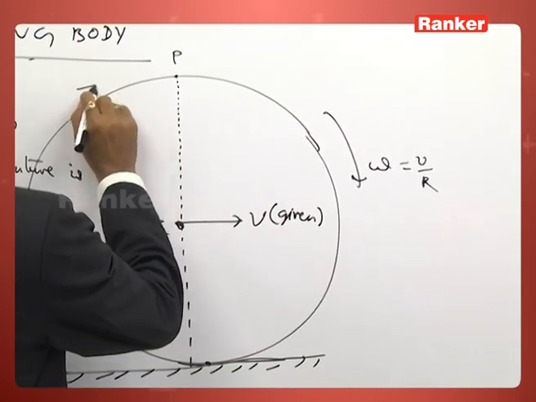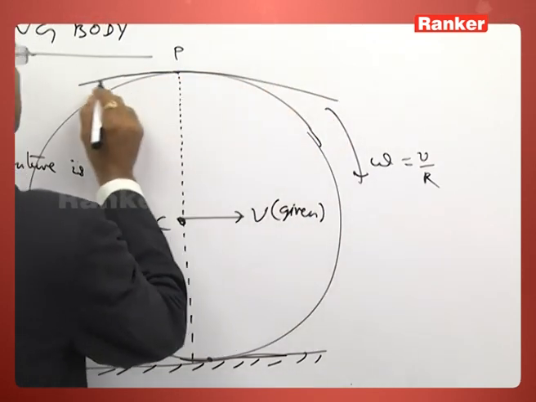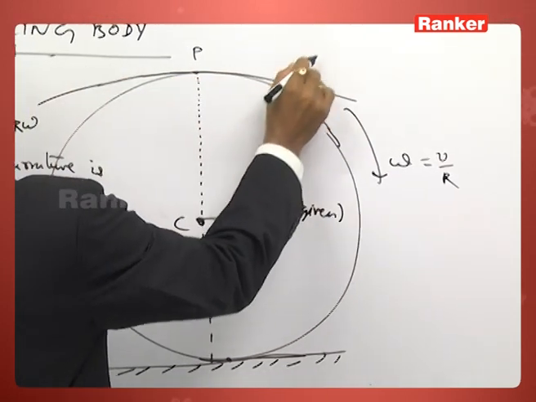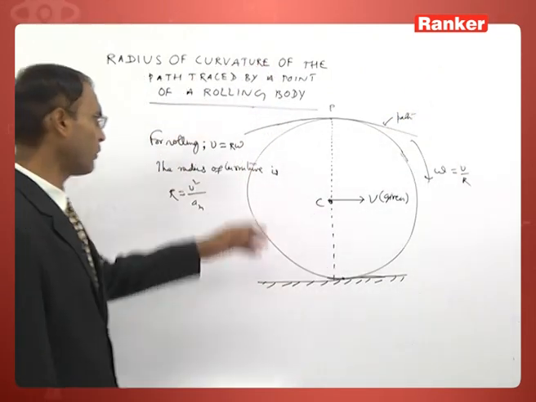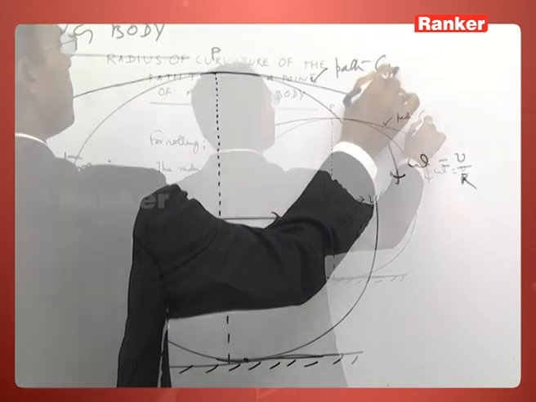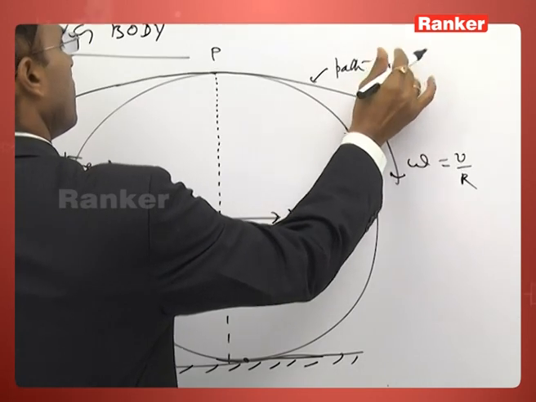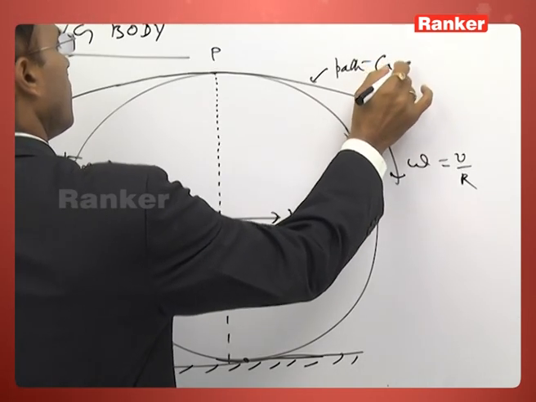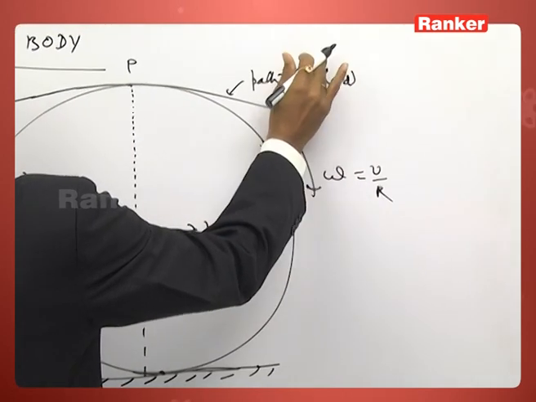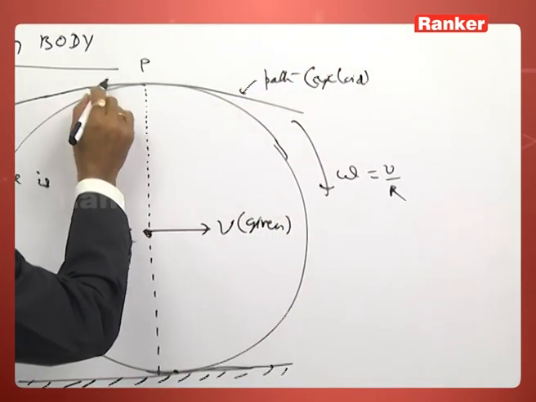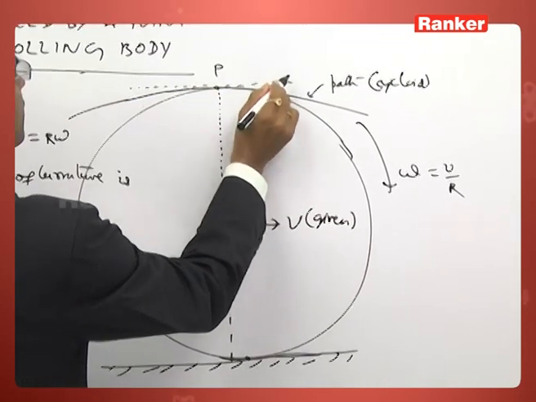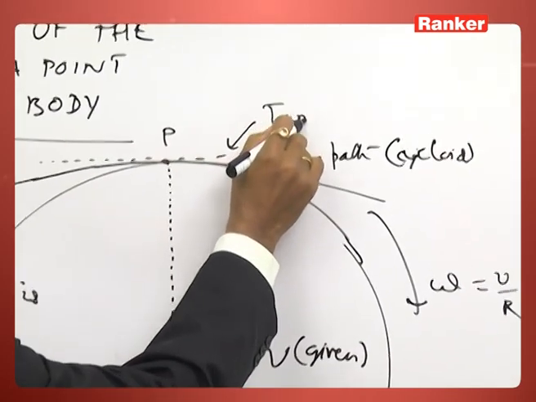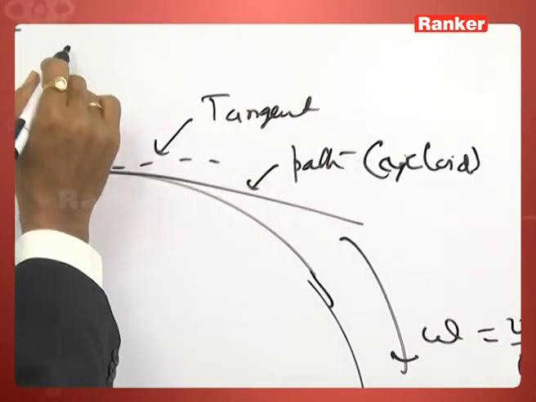Here the path is like this. It is not a circle, and I will prove that this path is a cycloid. In the cycloid path, at this highest point, this is the tangent. Therefore, this is normal.